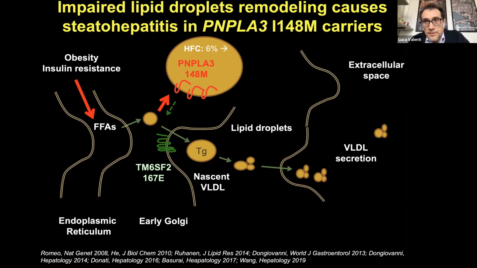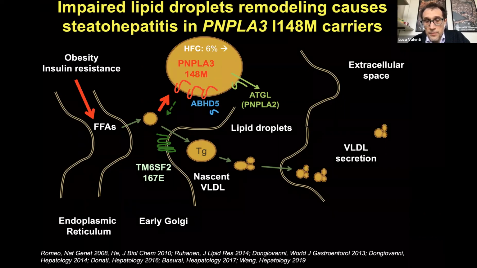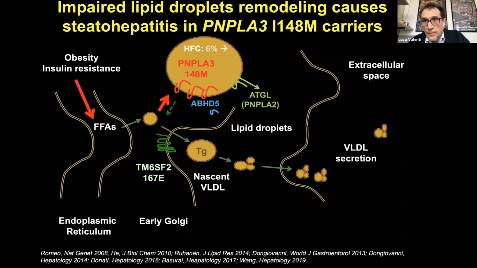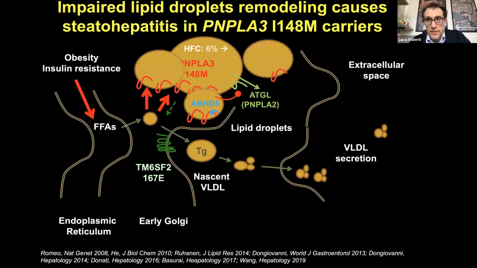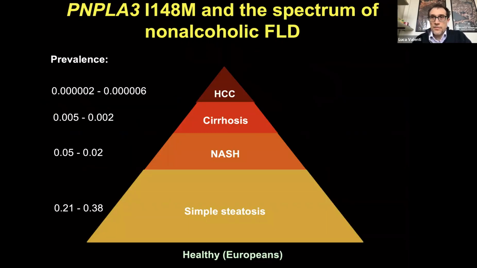It accumulates at the surface of lipid droplets where it cannot be ubiquitinated, and at this level, it acquires the ability to sequester a main cofactor for ATGL, or PNPLA2, the main lipid hydrolase in the lipid droplets of hepatocytes, therefore causing a reduction of lipolysis and entrapment of lipids within this compartment in the hepatocyte, development of progressive fat accumulation and lipotoxicity, triggering then steatohepatitis and fibrosis.